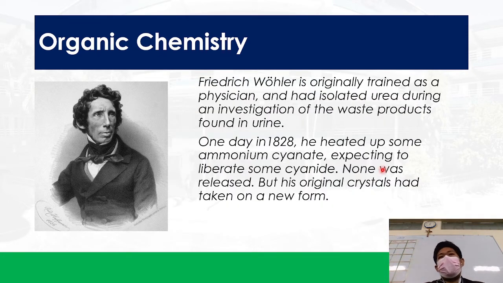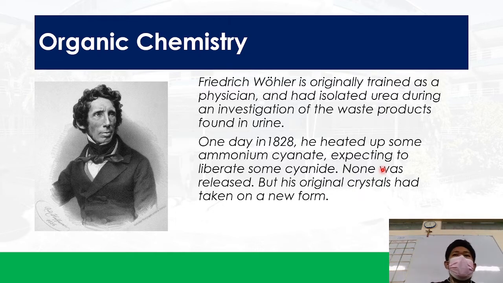But it was in 1828, around two decades after the conception of the field of organic chemistry, that Friedrich Wohler, a doctor, isolated urea during an investigation of the waste products found in urine.